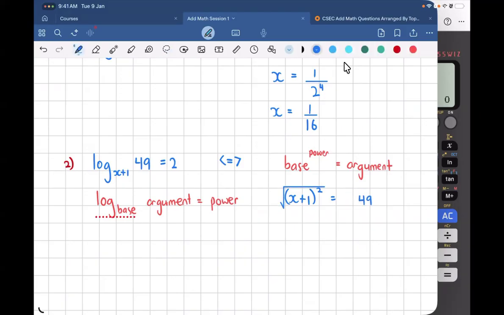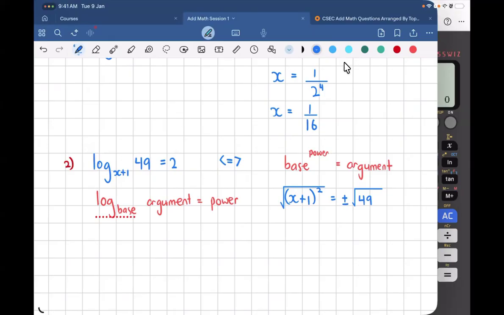Serena, why do you think I'm finding the square root? To get just x plus 1. Correct, because the square root gets rid of the squared. They are inverse functions. Now, anytime you find the square root of something, you're going to get a positive and a negative solution. More on this later.